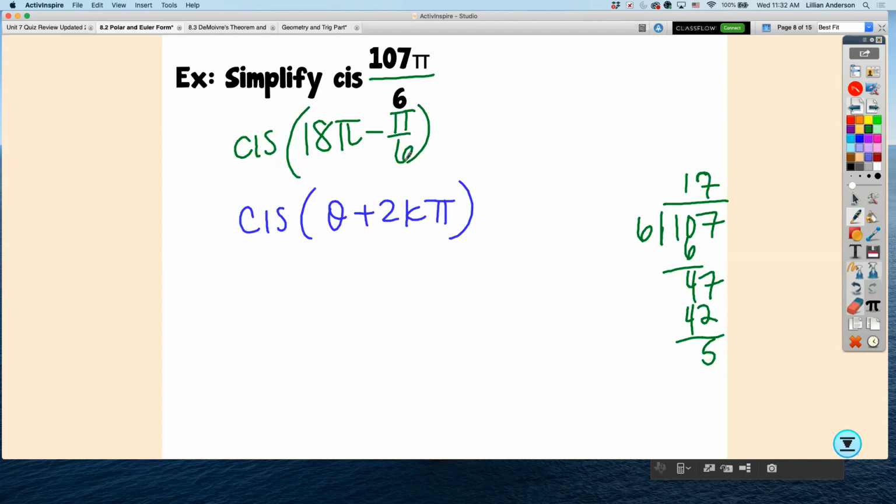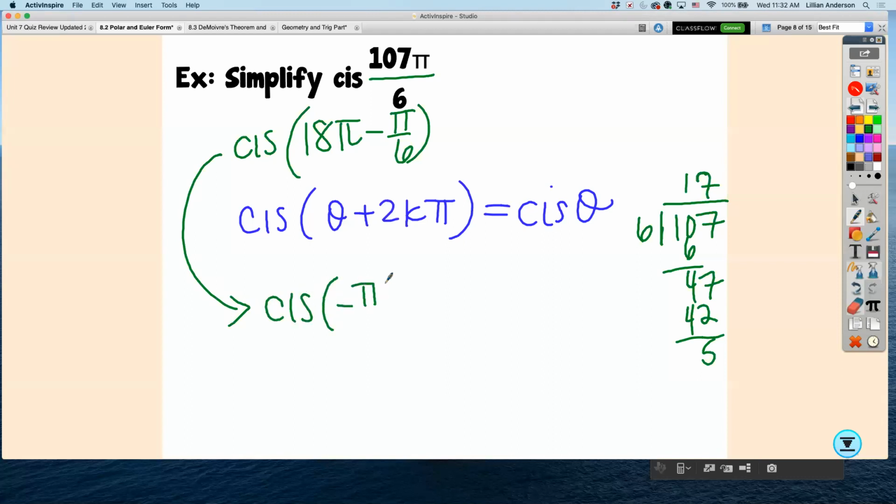Okay, so this will follow this particular format. This property says this is just equal to cis theta. Again, we want theta to fall in between that negative pi and positive pi range. So then this entire expression is equal to cis of negative pi over 6.